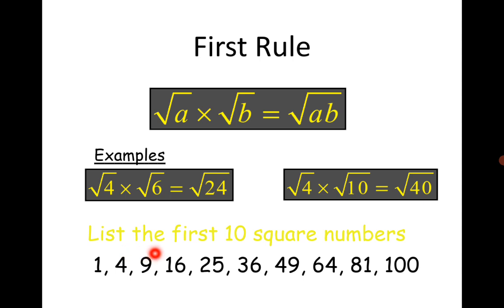So you have 1, 4, 9, 16, 25, 36, 49, 64, 81, and 100. 1 is 1 squared, 4 is same as 2 squared, 9 is 3 squared, 16 is 4 squared, 25 is 5 squared, 36 is 6 squared, 49 is 7 squared, 64 is 8 squared, 81 is 9 squared, and 100 is 10 squared. You will see the usefulness of these numbers as we go.